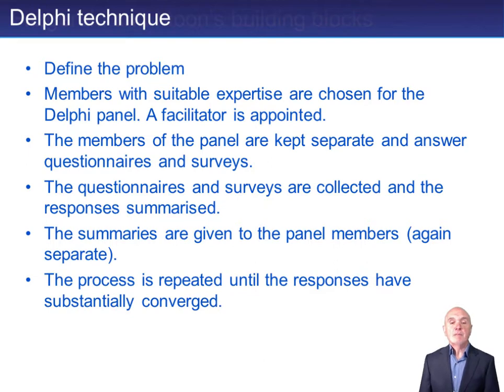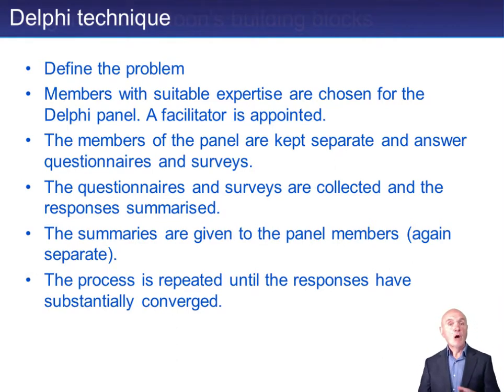And then the members of the panel are kept separate. This is not a round table kind of discussion. You're given a questionnaire, and you're asked to fill it in. So it could be things like ranking matters in terms of importance. It could be assigning probabilities to something. It could be making estimates, maybe what the exchange rate goes to, or what the unemployment rate goes to, and so on.